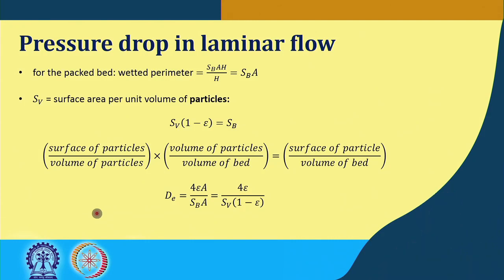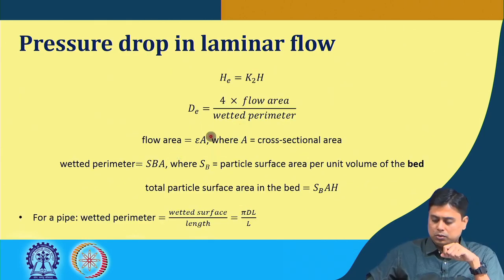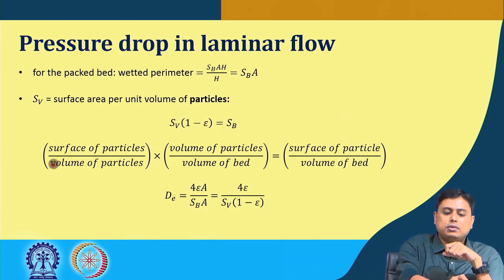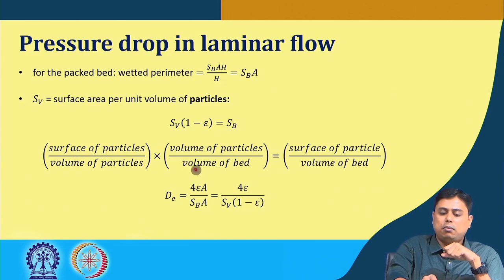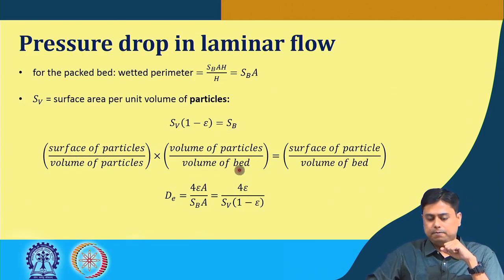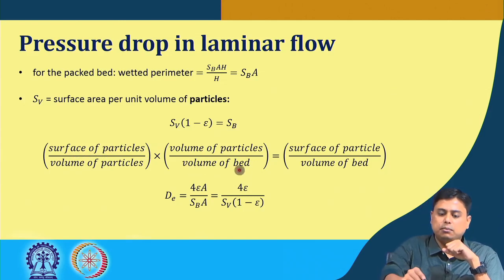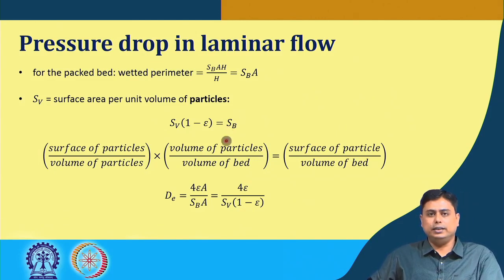So, 1 minus epsilon is the volume of particle divided by the volume of bed, and eventually this denominator goes out. So, it becomes surface of particles per unit volume of the bed, which is nothing but S B that we defined earlier.